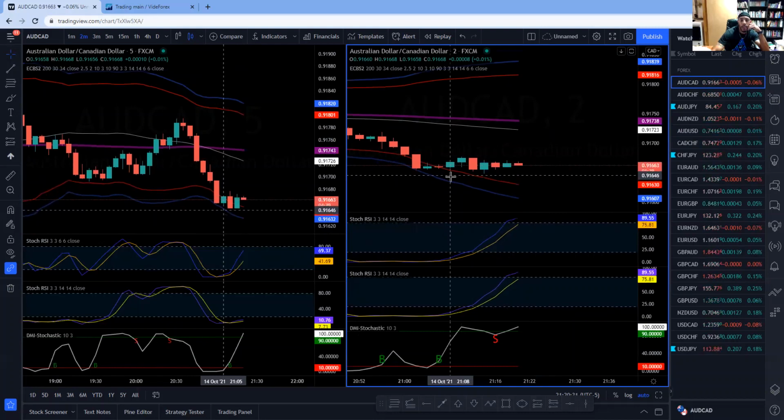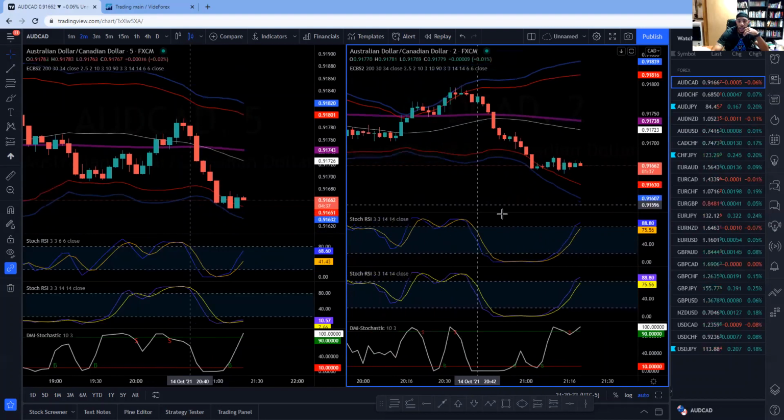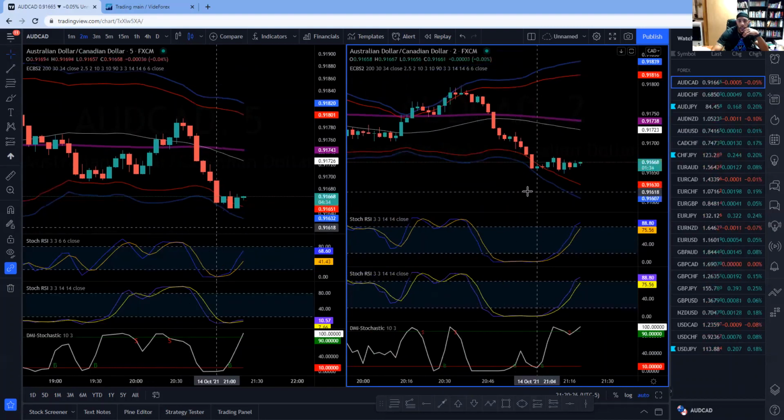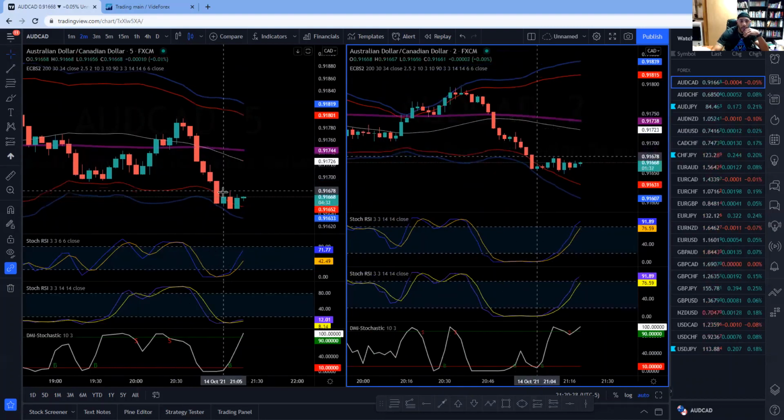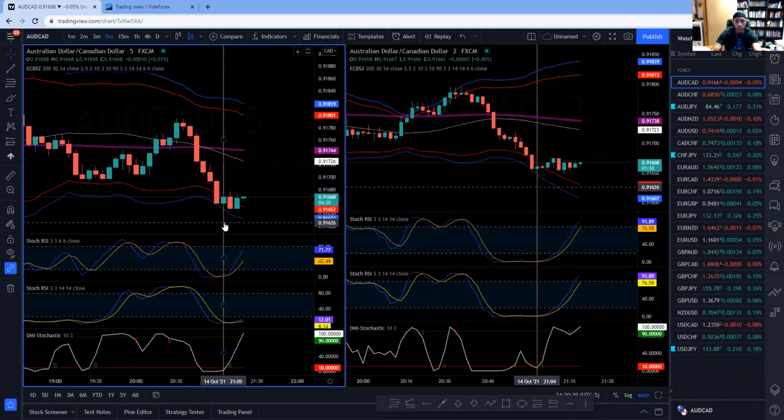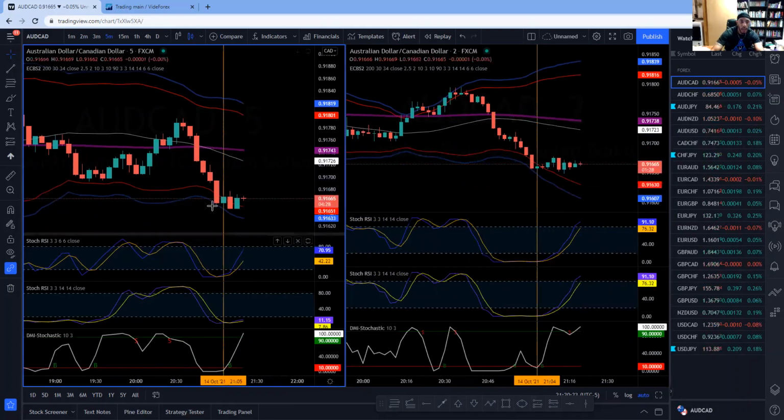Because if I would have taken this, and the reason I would have taken it, right? Because we come here on the 5 minute, we see right here touching the bottom Bollinger Band, so we're looking for buys. We see the stochastic RSI, both lines are oversold. Second stochastic RSI, both lines are also oversold, and along with the DMI.